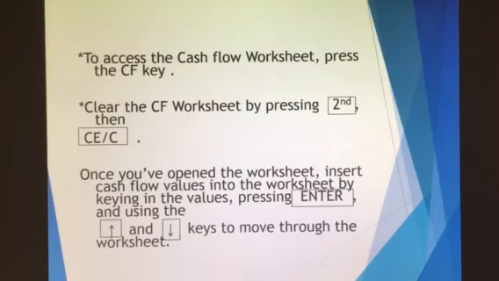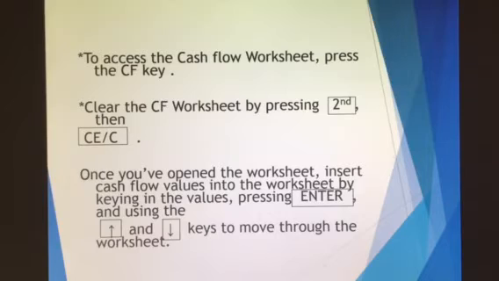To do so, you have to be in the worksheet. In other words, press the CF key, and then press the Shift or second key, also in the upper left-hand corner of the calculator, and then the clear entry or clear key in the lower left-hand corner of the calculator.